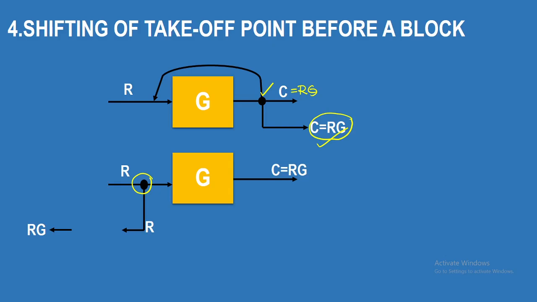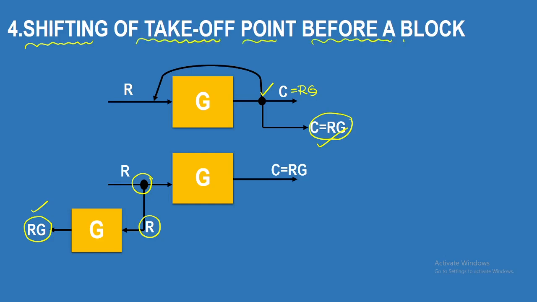The output of this takeoff point should remain the same, but here you are taking the signal R, which will be multiplied with a G, so that the takeoff point output remains R into G. So whenever you shift a takeoff point before a block, the block is added, that is, it is multiplied with that gain G.